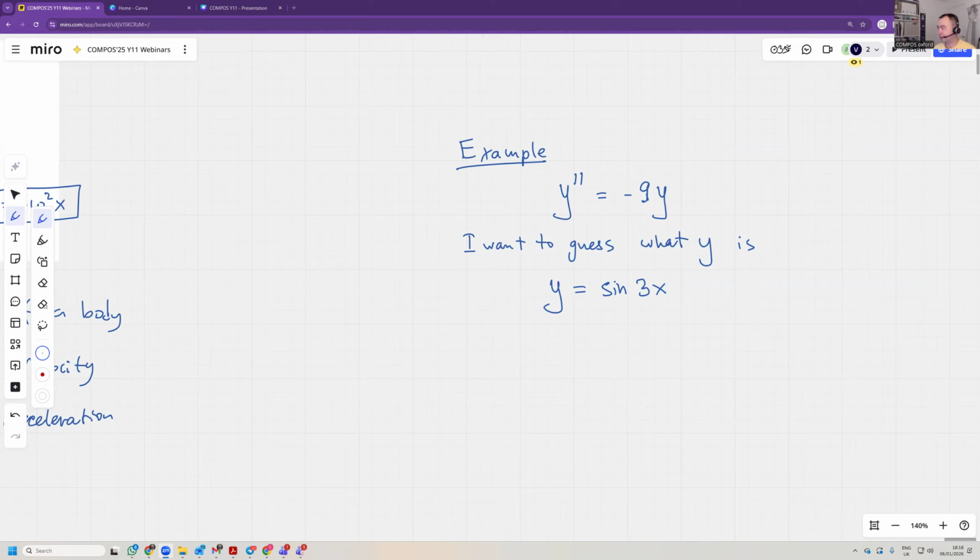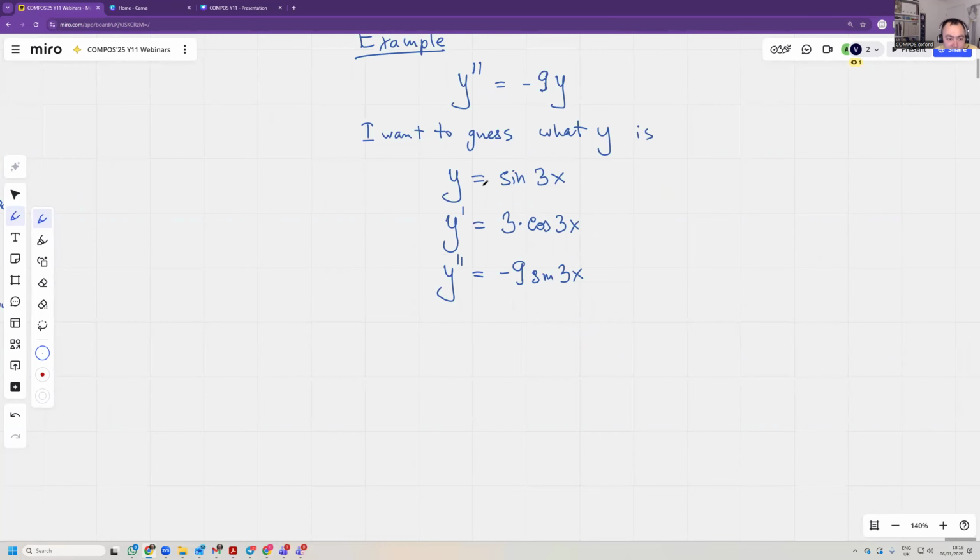Of course, it's not a random guess. Okay, so I'm going to differentiate that. I'm going to find the derivative of sine 3x. And we know using the chain rule, it's 3 multiplied by cosine 3x. And if we differentiate that again, it's going to be minus 9 sine 3x. But wait a minute, wasn't sine 3x just y?